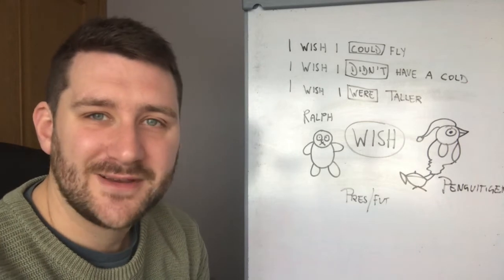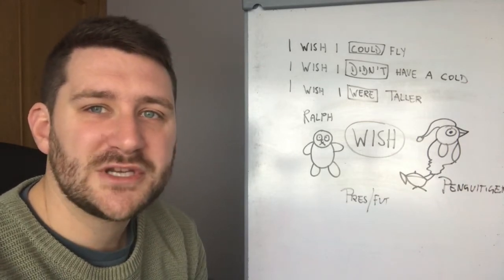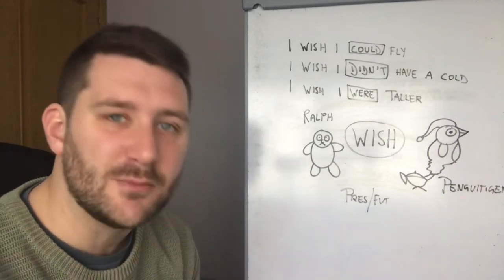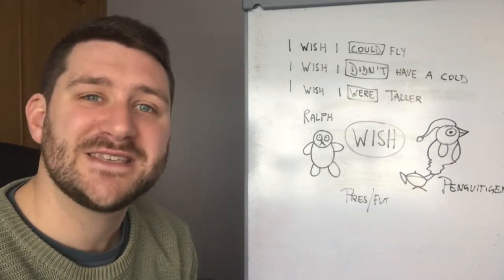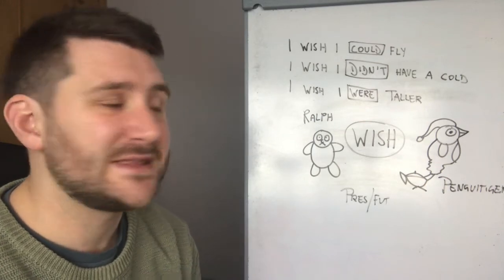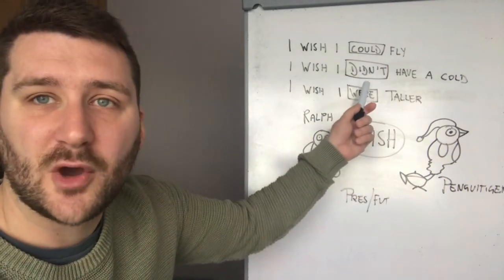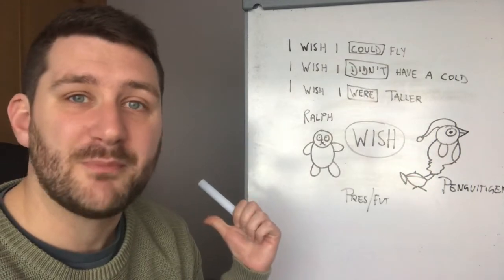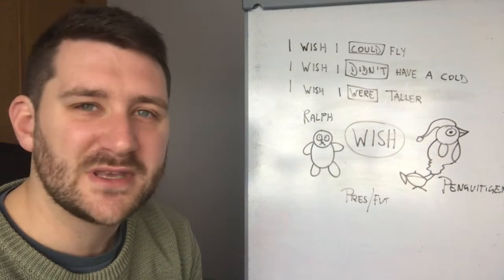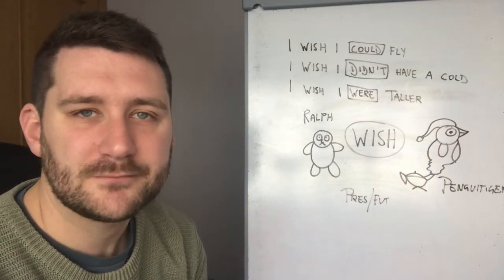A negative wish in the second one, I wish I didn't have a cold. Okay, imagine he's a bit ill at the moment, he's feeling a bit sick, and he wishes he did not have a cold. Notice that the auxiliary verb back shifts, and we use the verb in the infinitive. But the idea is still the same.